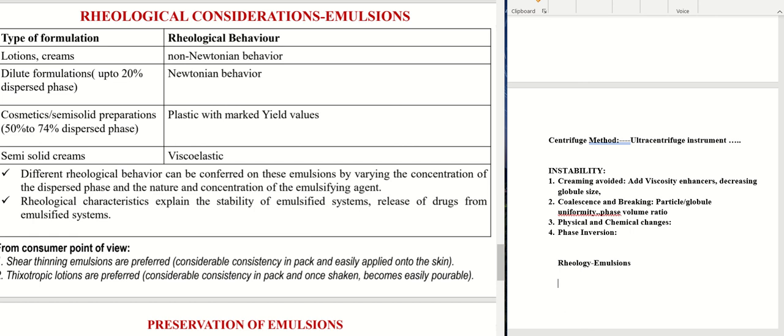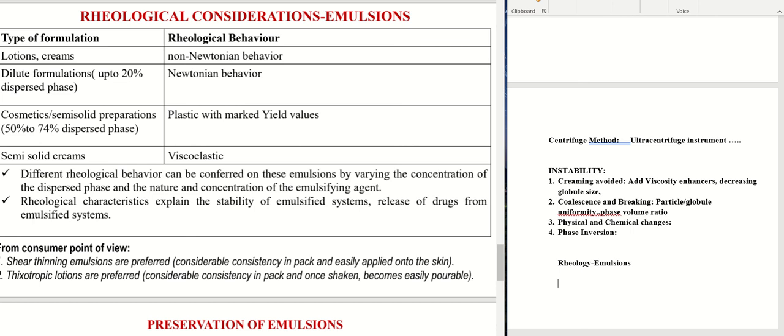Similarly, most of the cosmeceutical creams or semi-solid preparations exhibit non-Newtonian behavior, especially plastic behavior. Only when you apply a specific force will you be able to easily spread the particular cream or cosmetic, say some foundation or any cream, over the skin surface.